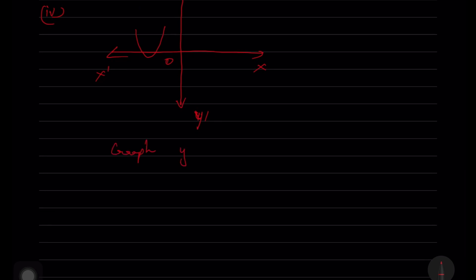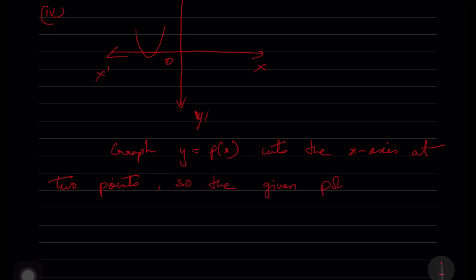Therefore the graph y is equal to p of x cuts the x-axis at 2 points. So the given polynomial has how many zeros? It has 2 zeros. It is cutting the negative x-axis at 2 points. So the given polynomial has 2 zeros.